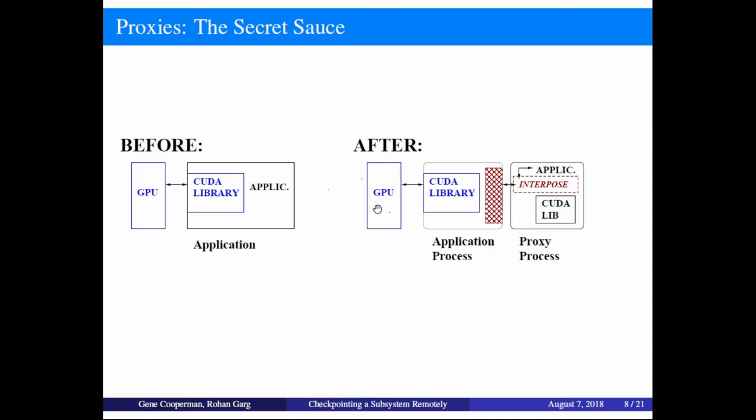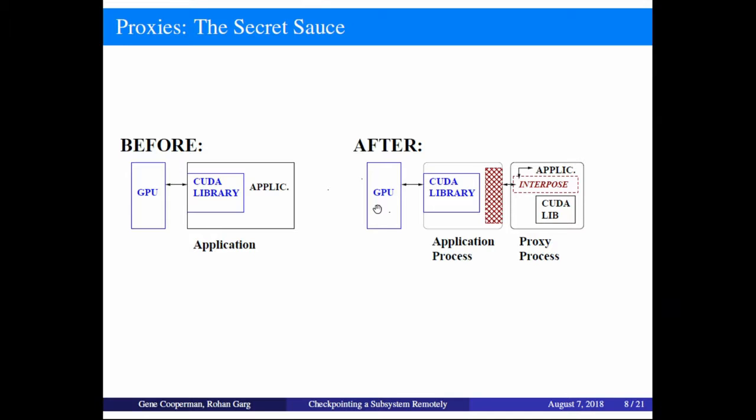It's one of these limitations of the real world that we were just talking about. The real world is often unkind. So our solution is we split the application into two processes, and then we know exactly where to cut it, and we checkpoint only on the right. So we split that into an application process. Well, I think I reversed it, but the application process should be on the right, and the proxy process should be on the left.